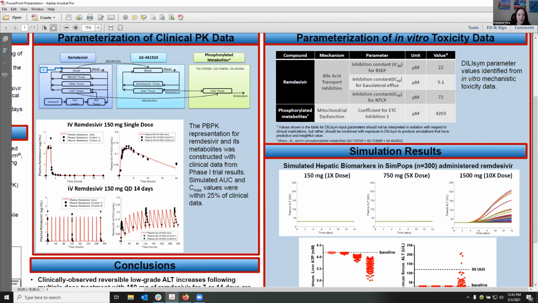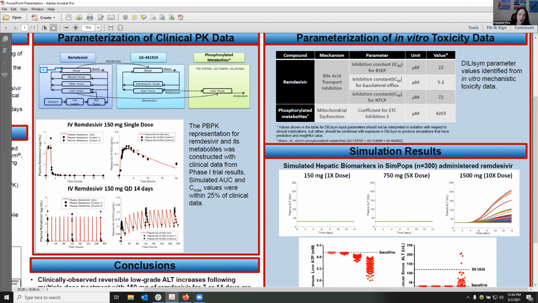The left panel is the simulated and observed plasma remdesivir concentrations, and the right panel shows the plasma concentration of the nucleoside analog. The red lines represent the simulated profile, and the black symbols represent the mean concentration time profiles from 2 cohorts within this phase 1 study. Overall, the simulated AUC and Cmax values were within 25% of the clinical data, indicating that the PBPK model reasonably captured the clinical PK data.